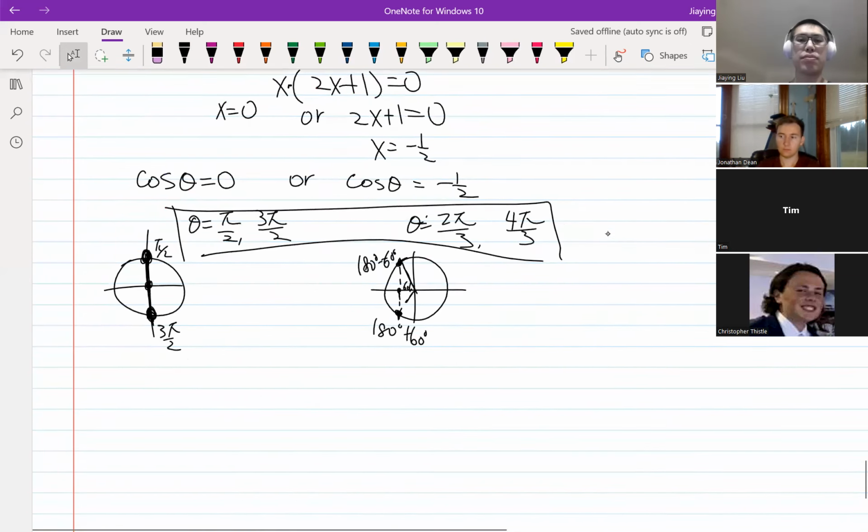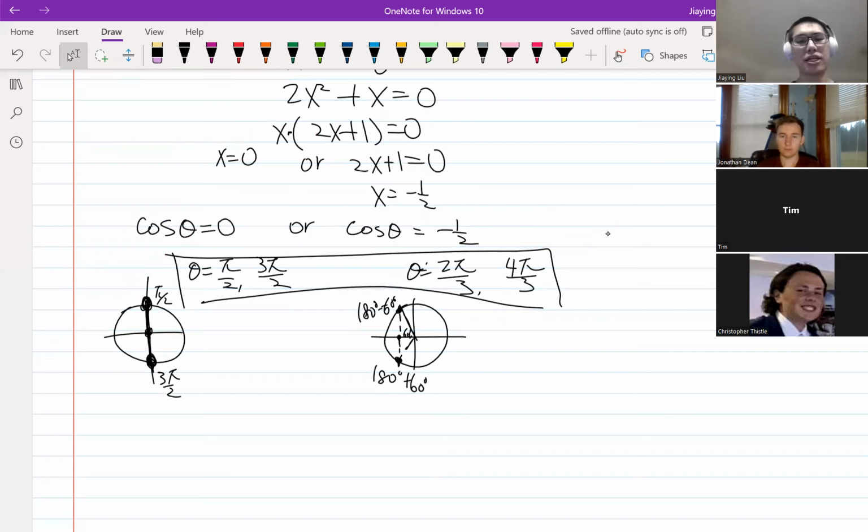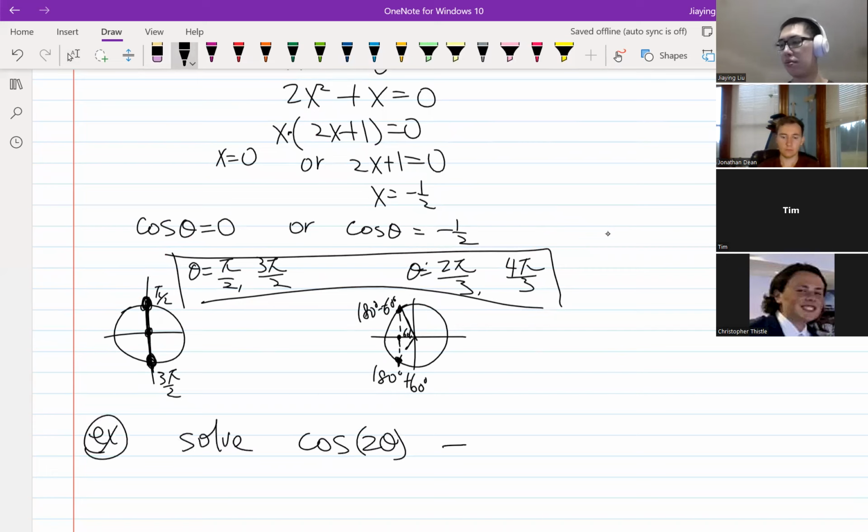So you have to go back and then find theta. The next example I have is solve cosine 2 theta equals cosine theta, and for theta, that's again from 0 to 2 pi. We're just going to keep the standard interval here.